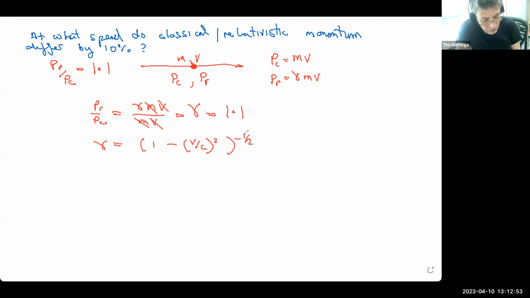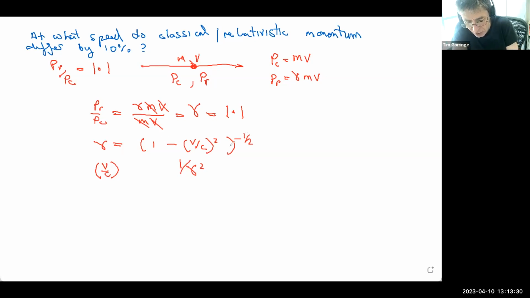If I want to rearrange this equation for v over c, i.e. the quantity on the right-hand side in terms of the quantity on the left-hand side, what would I do? Well, I would probably square up both sides so I can get rid of the 1/2 over here. So I'd get a gamma squared over here. I would take the inverse to get rid of the power of -1 after carrying out the squaring.